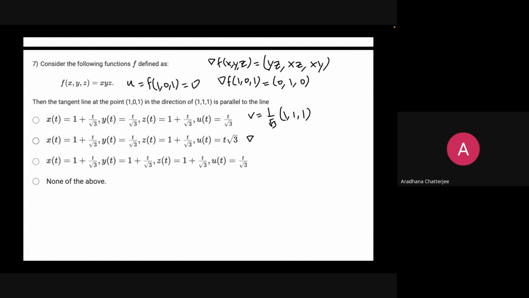We could just directly write that this is just the gradient, because we're just multiplying it out. So gradient f multiplied by v for this point (1,0,1). From v's first element we'll have 1 by root 3. The first term is going to be 0 times 0 plus 1 by root 3 times 1.